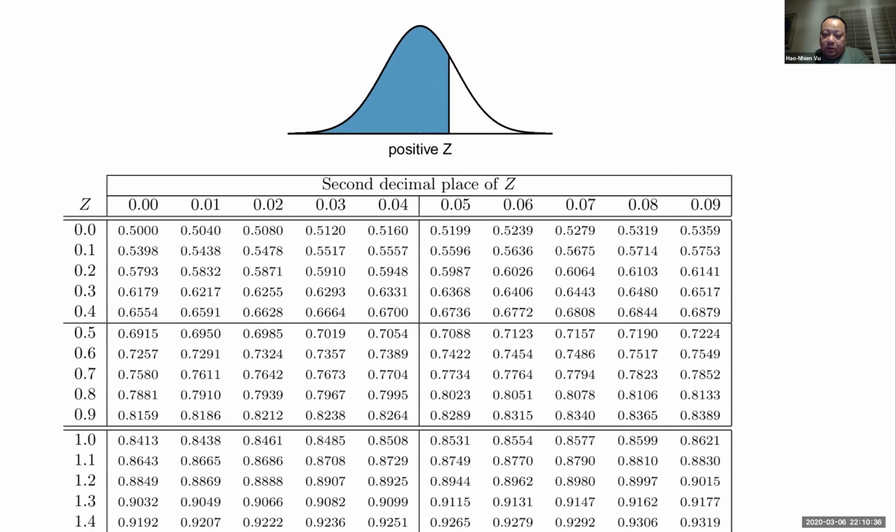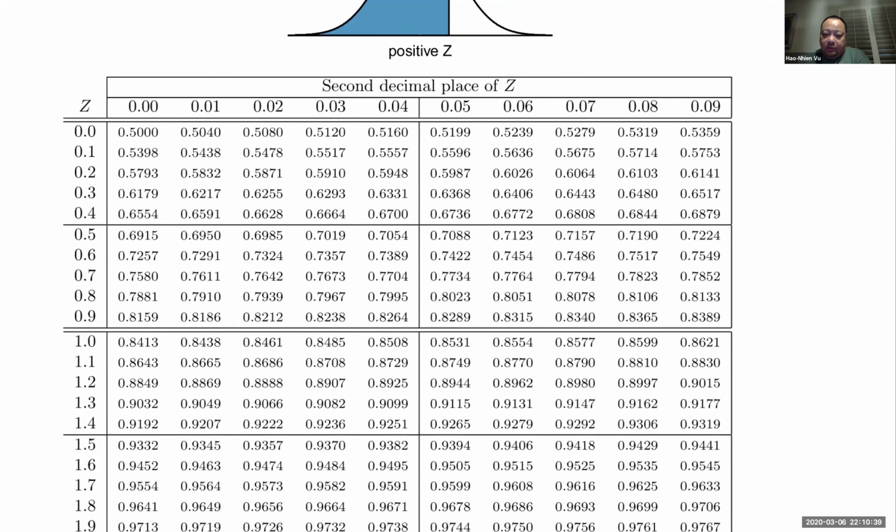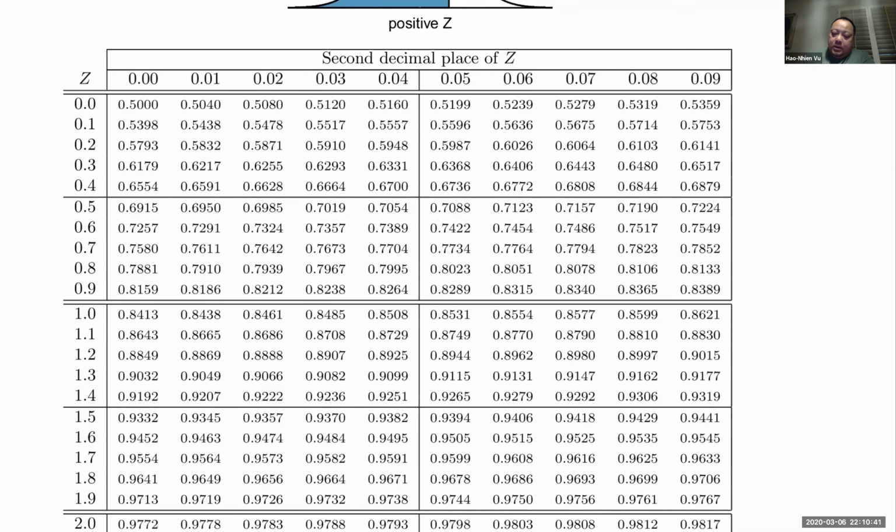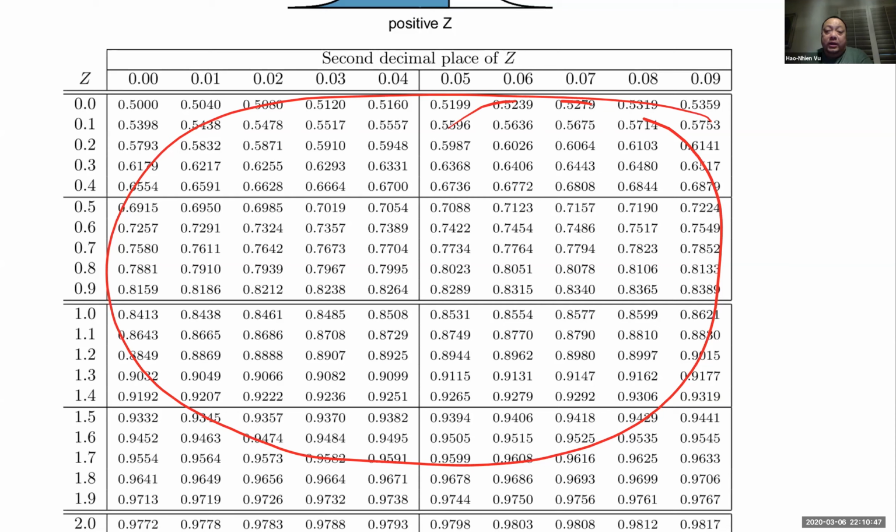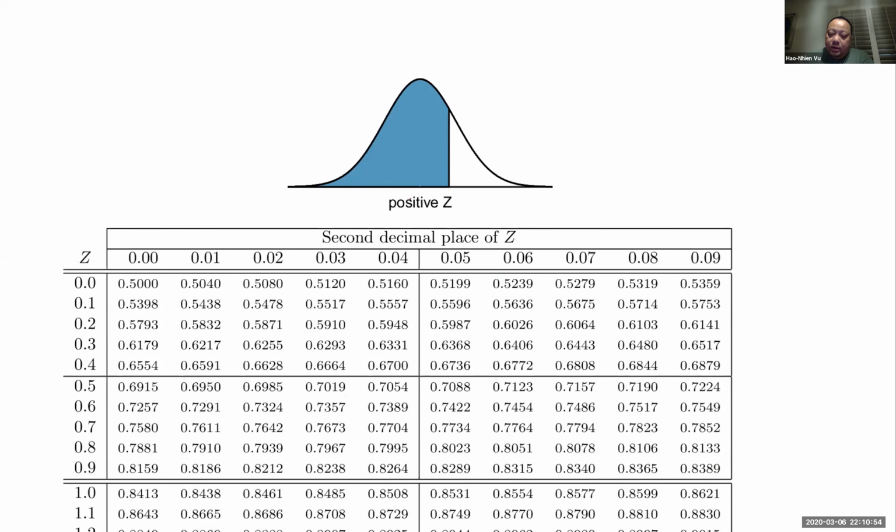Here's a table. Let's go looking for 0.965. I'm looking for the area in the body of the table. I'm not looking on the edges. The edges correspond to the numbers along here. The body of the table corresponds to the body of the graph.